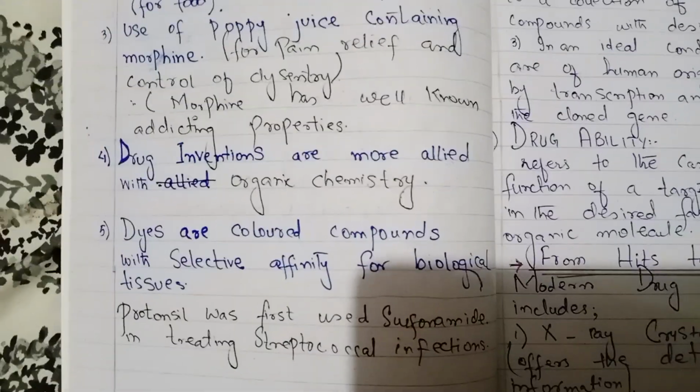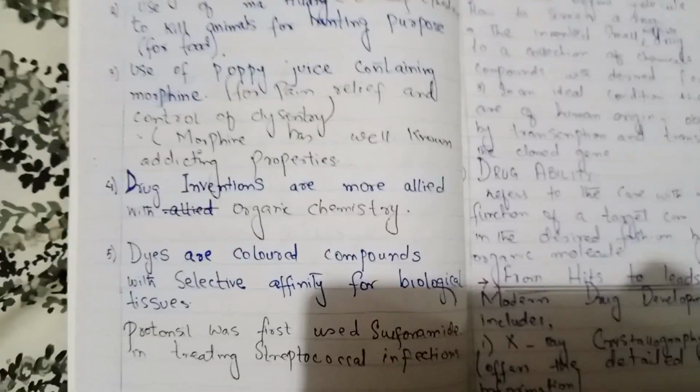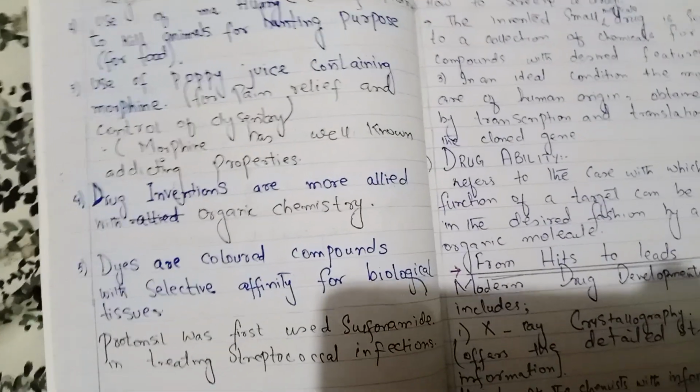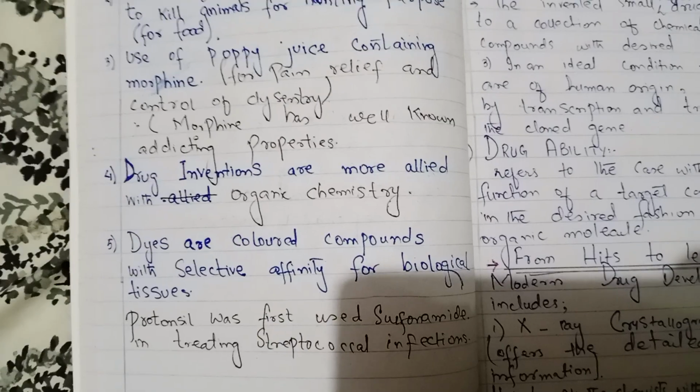What are they? They are colored compounds with selective affinity for biological tissues. As we have already said, we use dyes for observing the tissues under the microscopes.